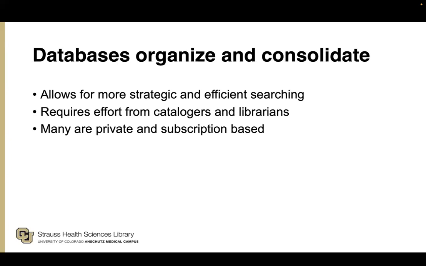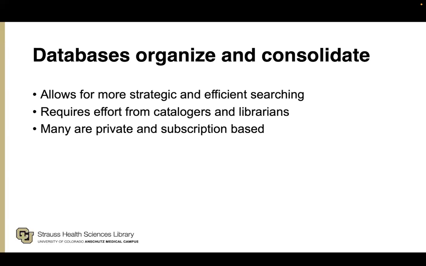So there's databases that are very law focused, business focused, or health sciences focused. And what's nice about that is that if you put your search question in the database that matches the topic you're interested in, you have to wade through less noise. So you won't have to look through history publications or art history publications when you're looking for things on your topic or health sciences on our campus.